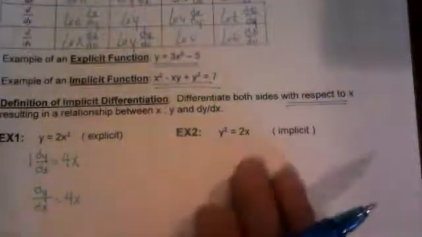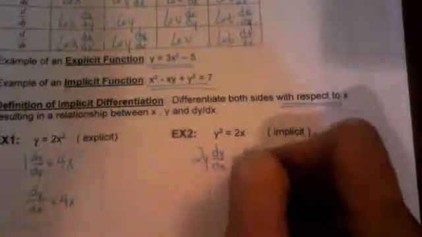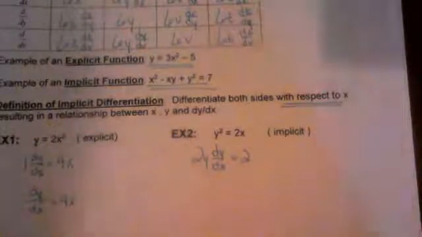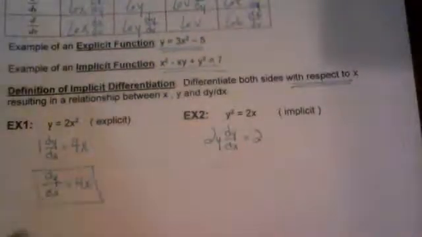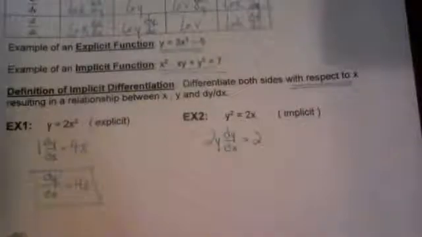Now over here we have an implicit problem. So this would be 2y dy dx equals 2 dx dx. Now in each of those, I still want to get dy dx by itself because dy dx is my derivative.